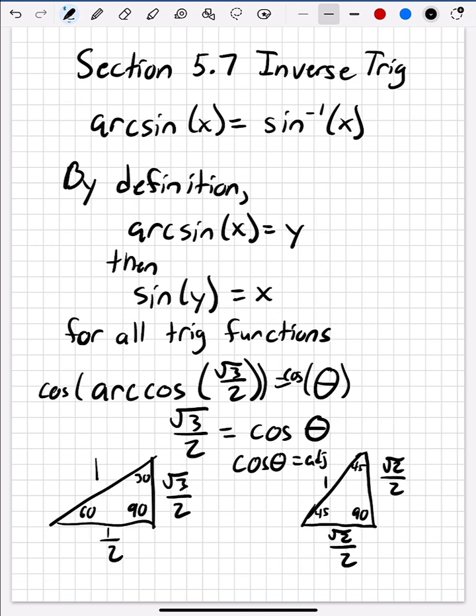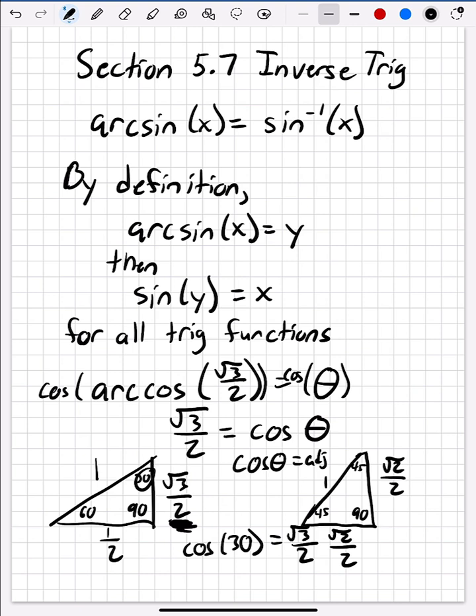Because the unit circle would have a radius 1. All right, so the cosine always corresponds to the adjacent side. Well, the adjacent side that corresponds to square root of 3 over 2 is 30. So what we want to look at is to say, well, the cosine of 30 would give us our square root of 3 over 2.